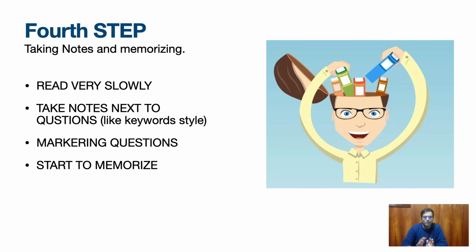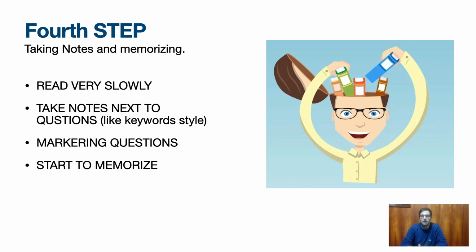If you are reading for the first time, you should take all of your notes on the papers which you already printed. Place your notes next to the questions. It should be very helpful. For type 1 questions, take your markers and tick the questions whose solution ways you didn't understand.